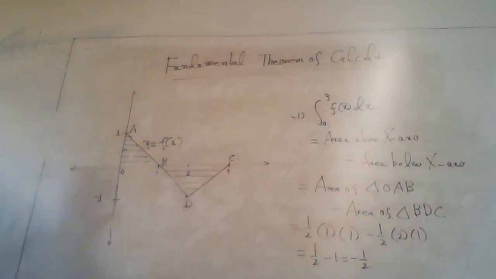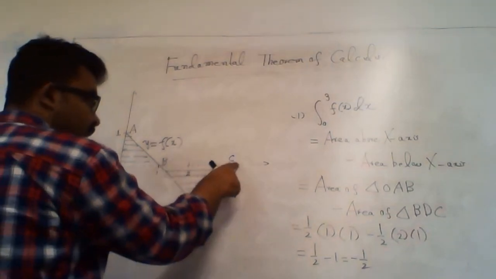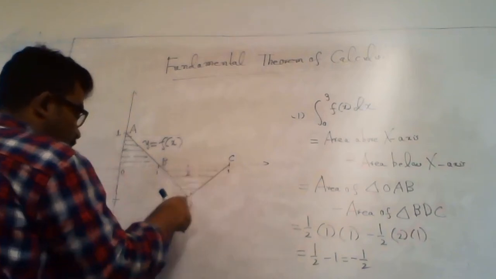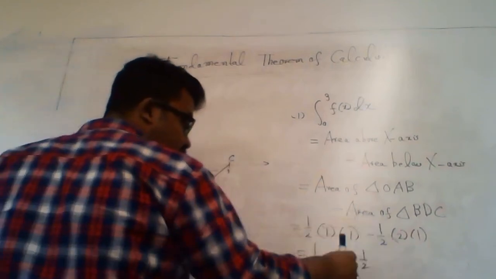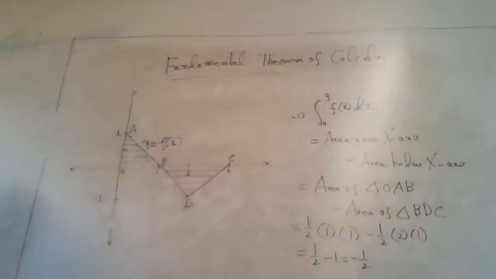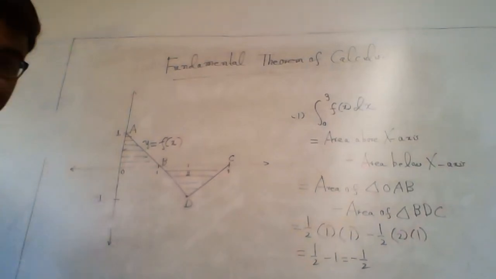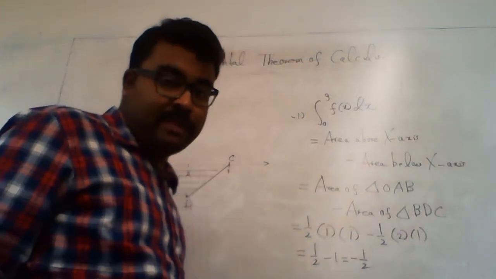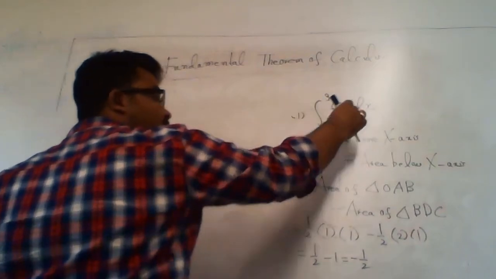Because this is 1, this is 2 and this is 1. So 2 times 1 is 2, and half times 2 gives you 1, and half minus 1 gives you minus half. So this is the first problem, and this is the value of the integral from 0 to 3 of f(x) dx.